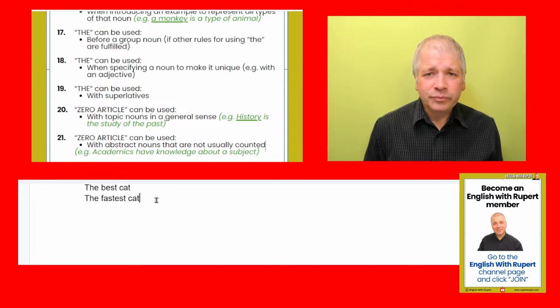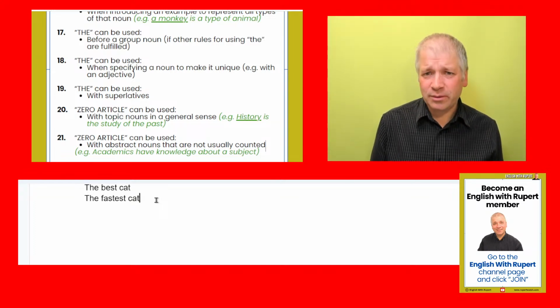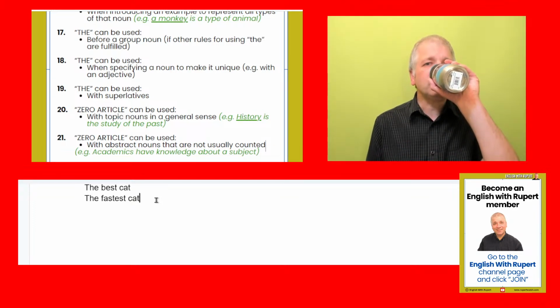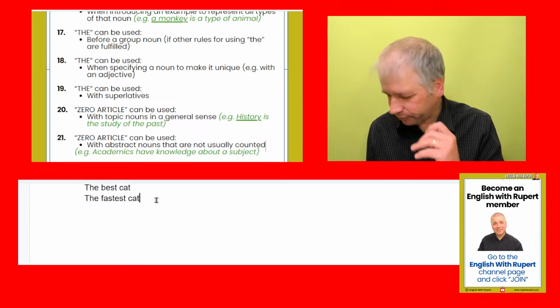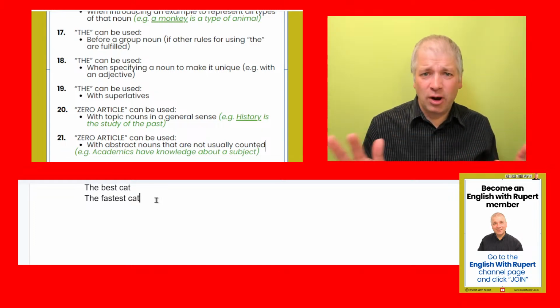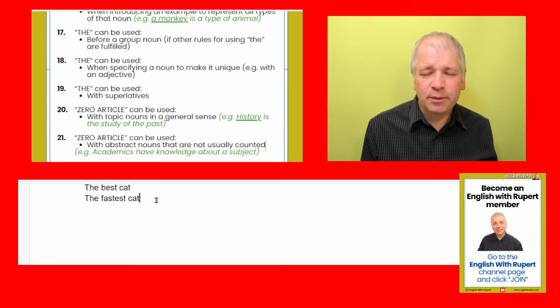History covers lots of other bits of information. So many nouns we have are like that, where we have one noun that describes lots of things. So history is a study of the past, and these nouns often will be zero article.